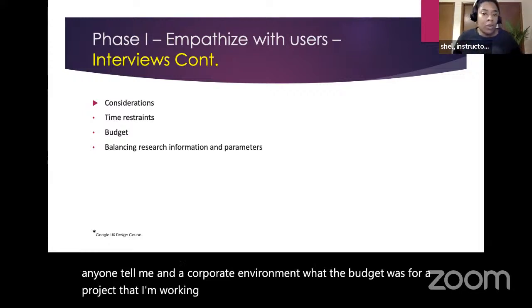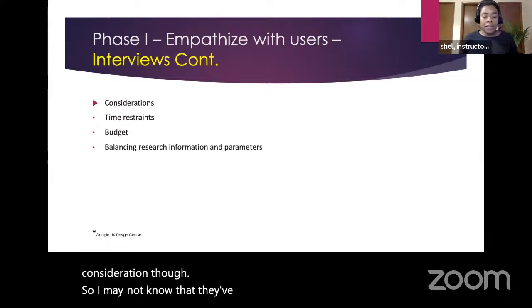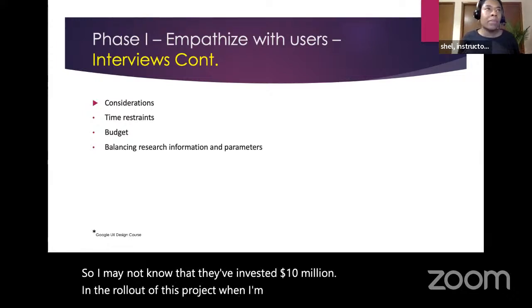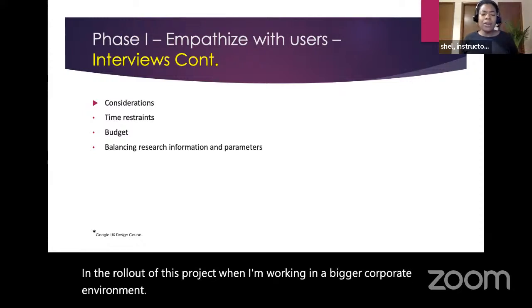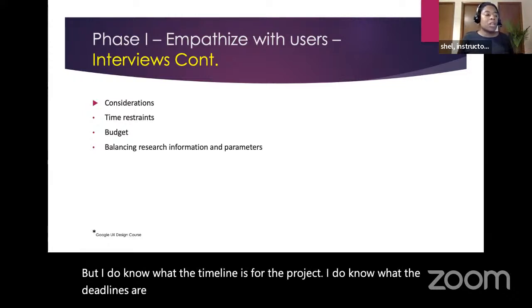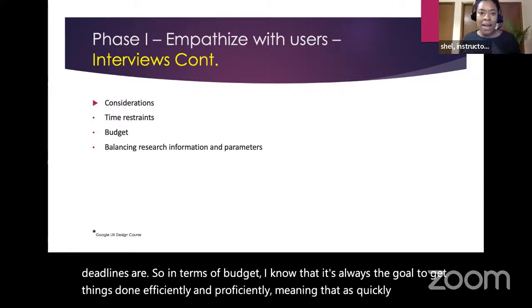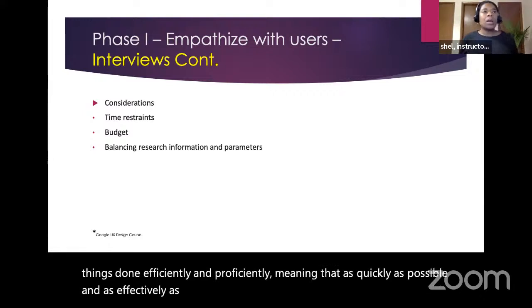The business layer knows that, but it's still a consideration. I may not know that they've invested $10 million in the rollout of this project, but I do know what the timeline is. I do know what the deadlines are. So in terms of budget, I know that it's always the goal to get things done efficiently and proficiently, meaning as quickly and as effectively as possible.